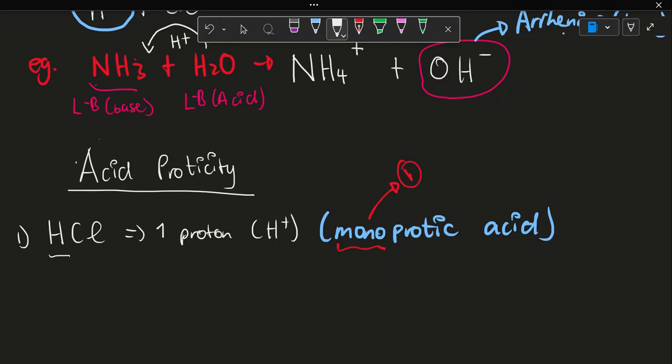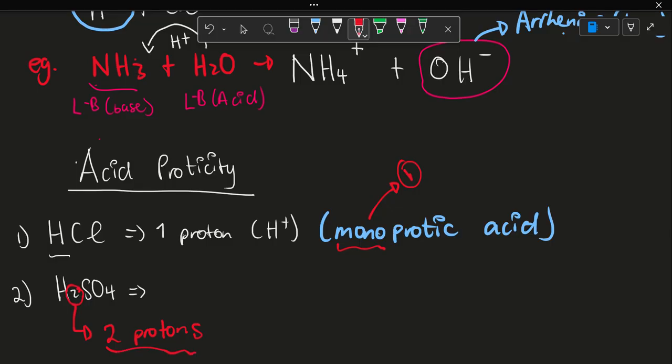As we look further, take a different example: H2SO4. What can this give me? Judging by the number of hydrogen atoms, I know that I can donate at most 2 protons.